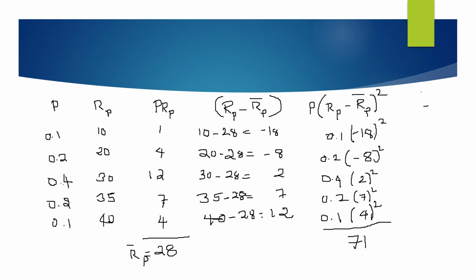So we have found the expected return here. Expected return for stock P is equal to 28%, and for the standard deviation, we have found the variance. Standard deviation is the root of variance.